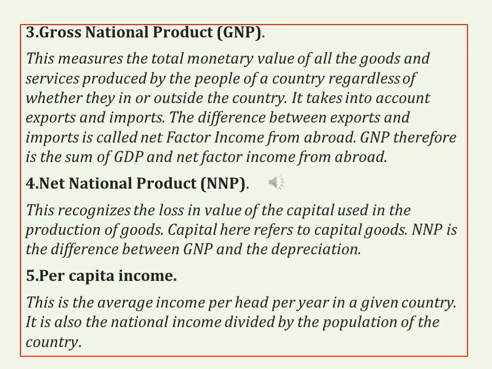For us to do that, we'll get net national product, we divide by the number of people in a country. And therefore, per capita income is the average income per head per year in a given country. It is the national income divided by the population of the country. And this national income, we have said it is the net national product.